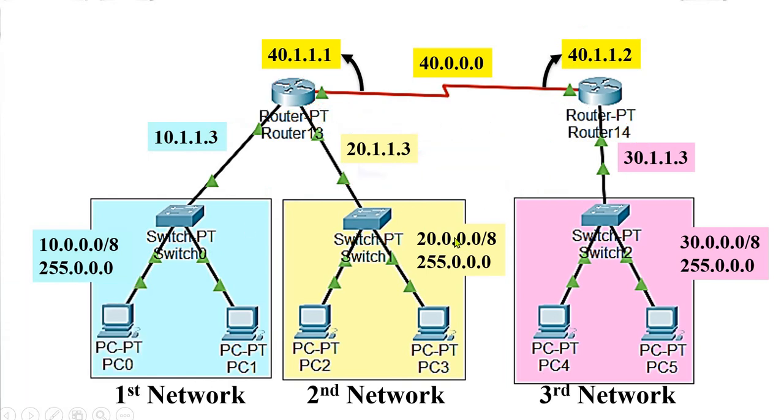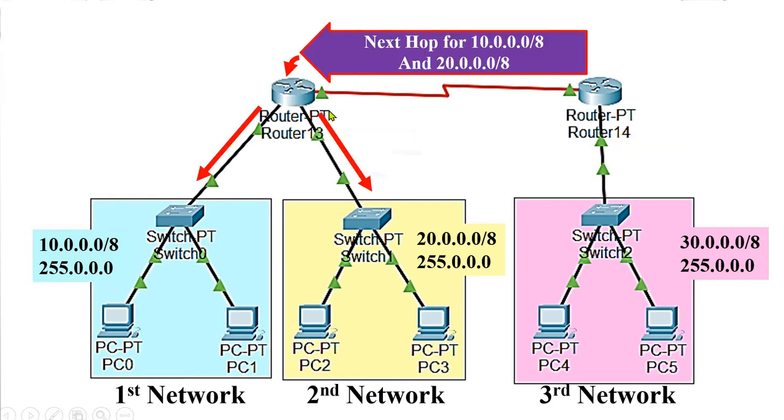For the sake of simplicity we need to provide the routing information to this node. For this router, this network is approachable via this router only, so we can say that this is the next hop.